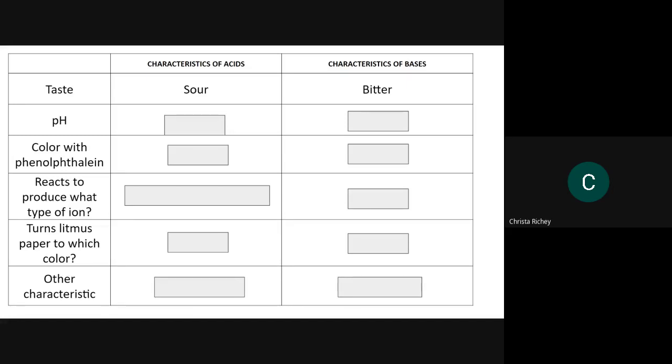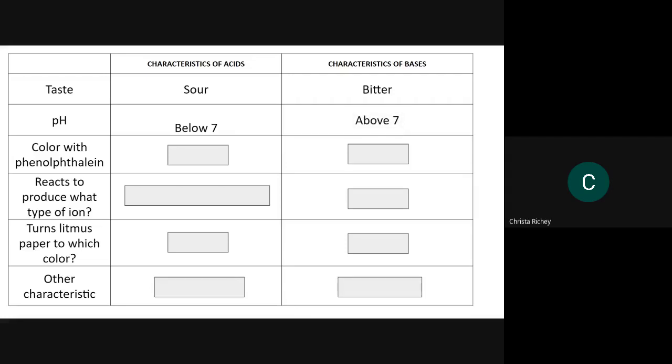What is the pH range of acids? From 1 to 7, okay, so it's below 7. Remember, right at 7 is neutral. It's perfectly half acid and half base, which is water. So then what's the pH range of the base? Above 7.